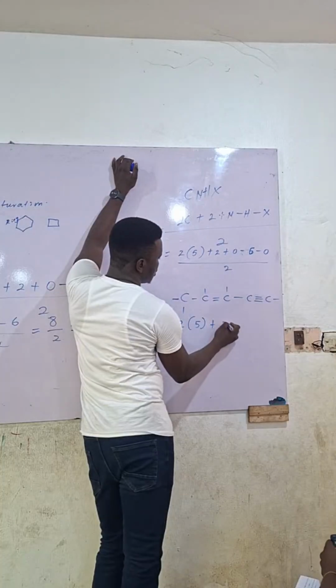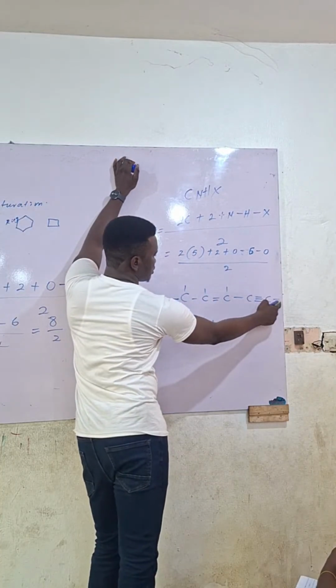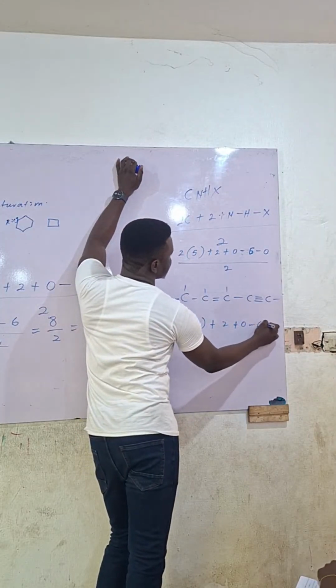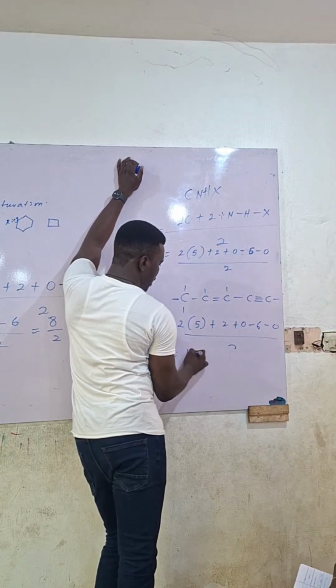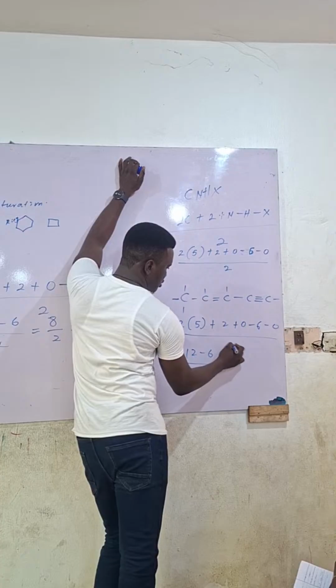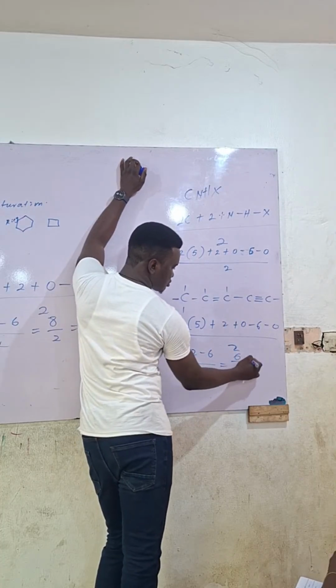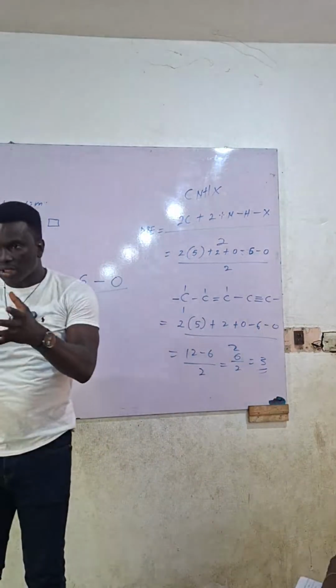Is this complete? 2 times 5 plus 2, plus 0, minus 6, minus 0, all over 2. That's 12 minus 6, all over 2. 12 minus 6 is 6, so you can see that's correct. So you can just look at it and tell.